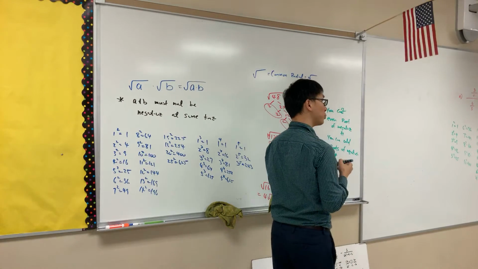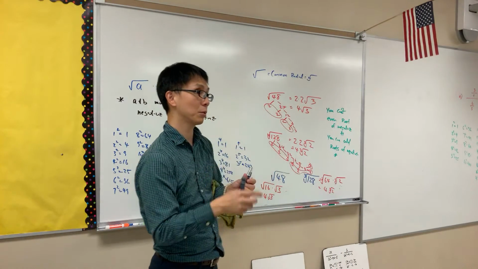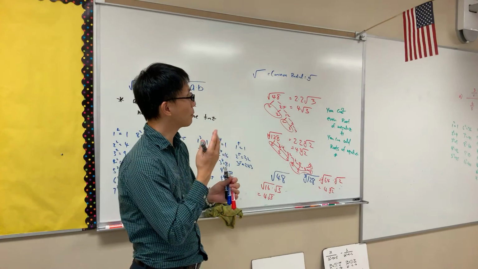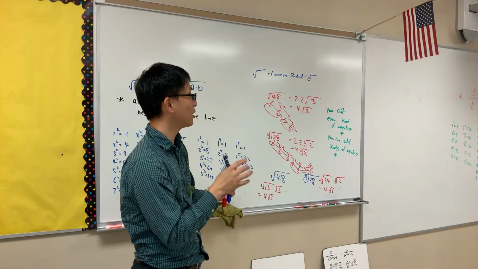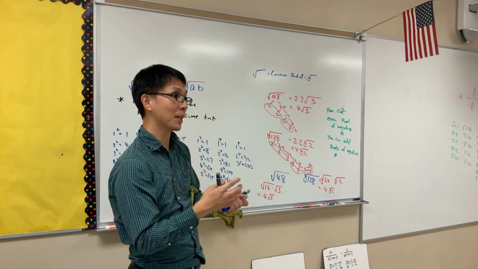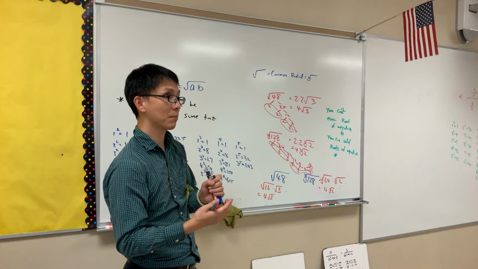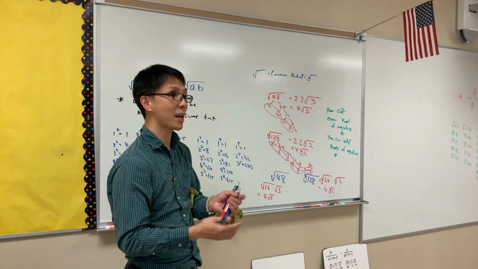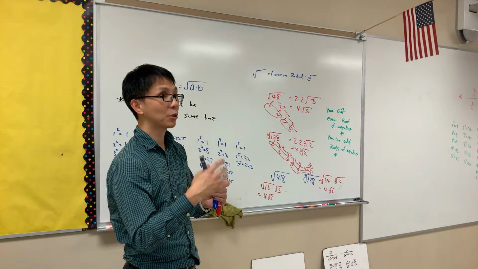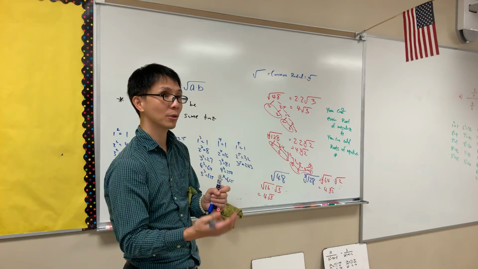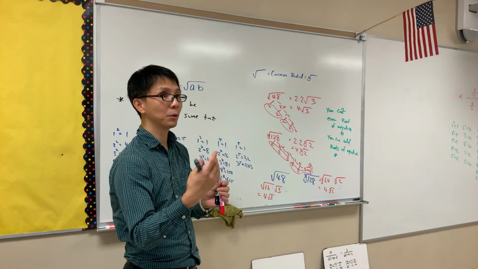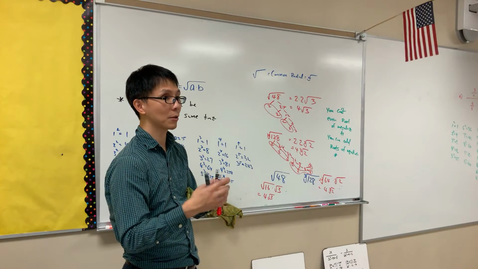You cannot do even roots of negative numbers because that's gonna give me i, but you can do odd roots of negative numbers. So you can do odd root of negative 8. Like cube root of negative 8 is okay, so it's negative 2. But square root of negative 8 is going to give me i, which causes confusion.